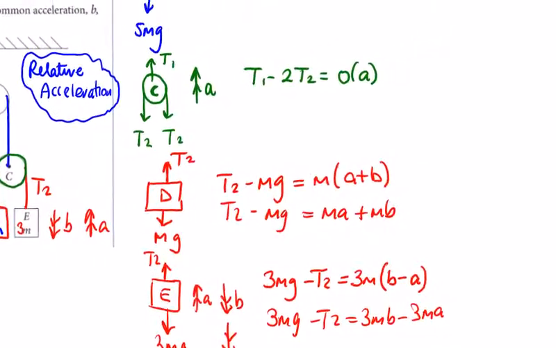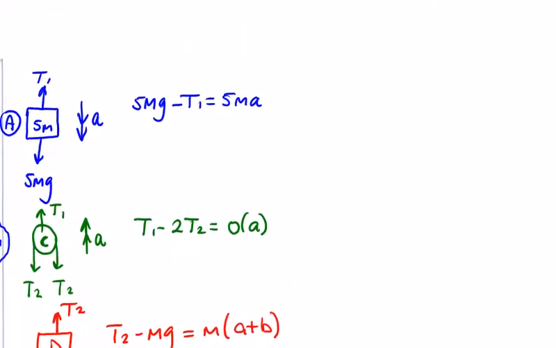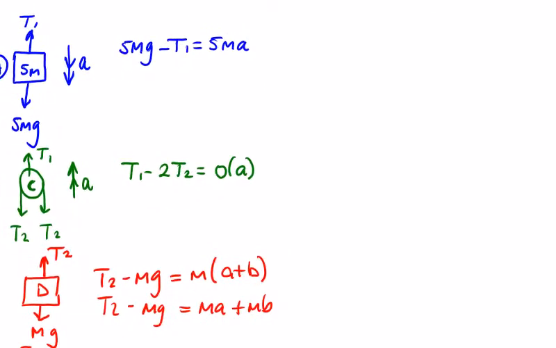So let's bring these four equations together. What have we got? I can write the second one as T1 is equal to 2T2. That might simplify things down for us a little bit. I'll write all the equations up here. I've got T1 minus 2T2 is equal to 0.